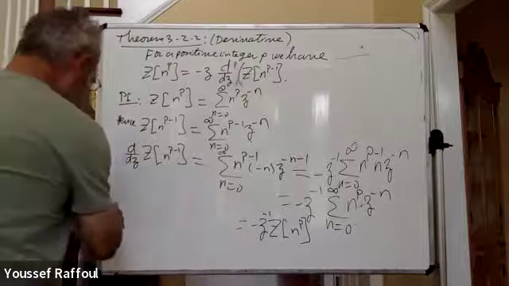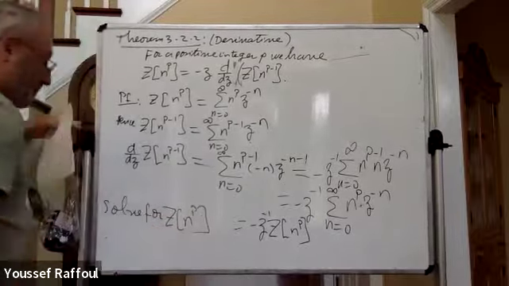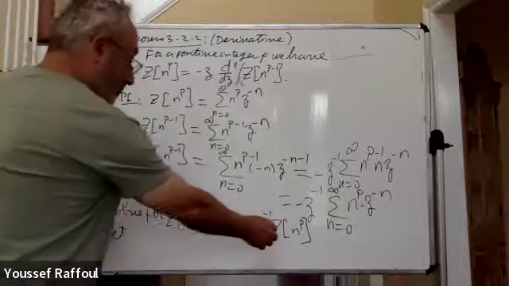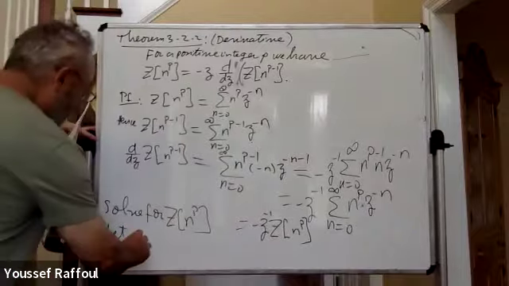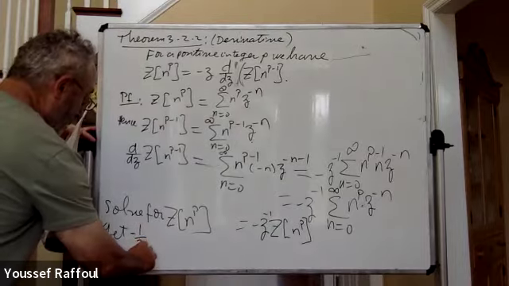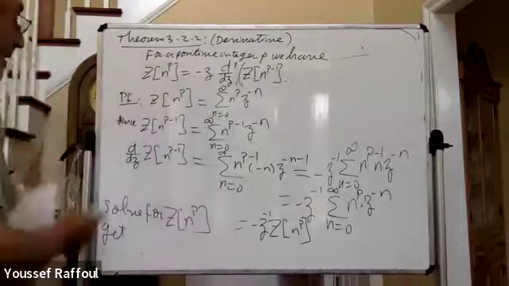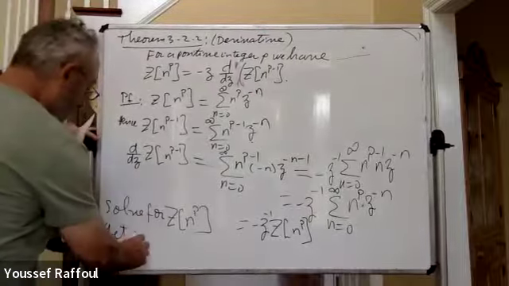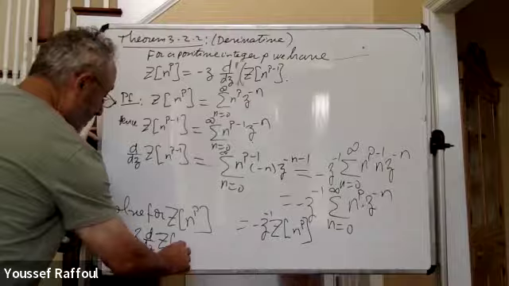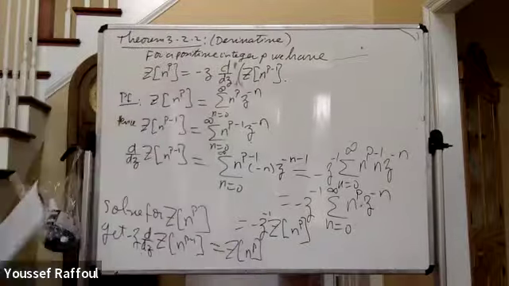Okay, so solve for Z of n^p. If I multiply by z, we get minus z d/dz of Z of n^(p-1) equal to Z of n^p.